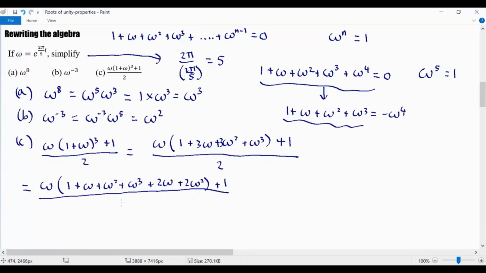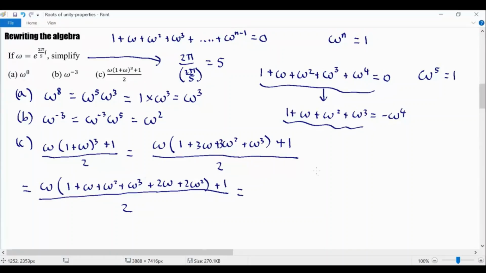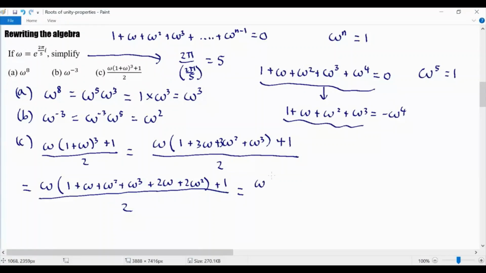Because what this then allows me to do is replace all of that stuff with just minus omega to the power 4. So I could therefore write this as minus omega to the power 4 plus 2 omega squared, instead of the plus 1, instead of the divide by 2.